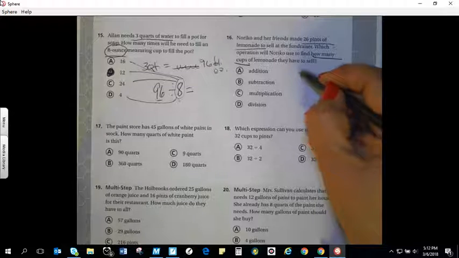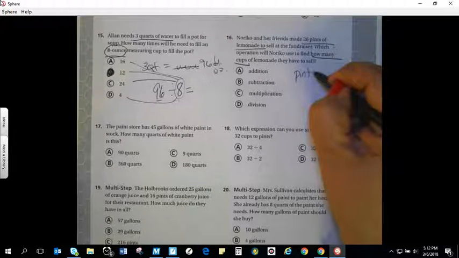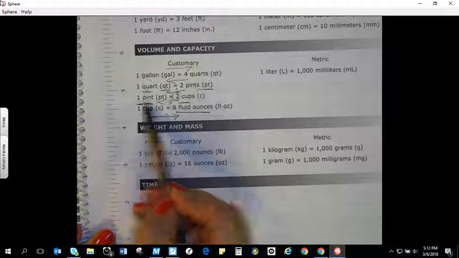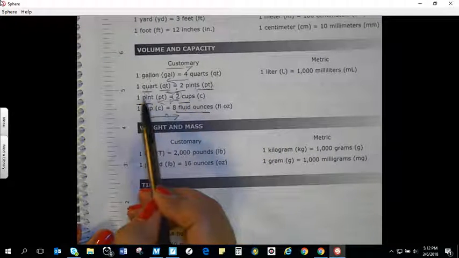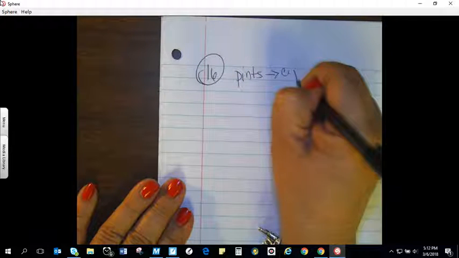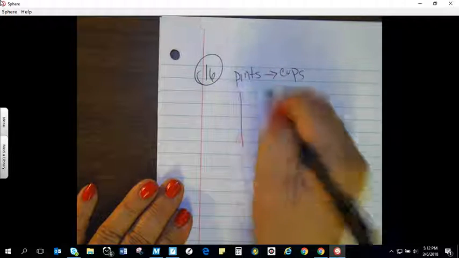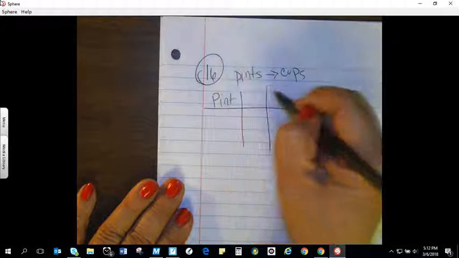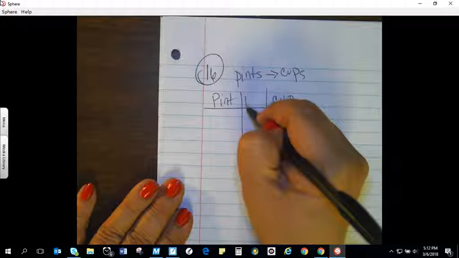So you're going to be converting pints to cups. Let's look over here. Pints to cups. What operation will you need to follow to get from pints to cups? So I'm going to flip my page over here, because I can do it on there, but I'm just going to continue here. So if I'm going to convert pints to cups, just to make sure I know what I'm doing, I know I have pint, cup, and my rule.